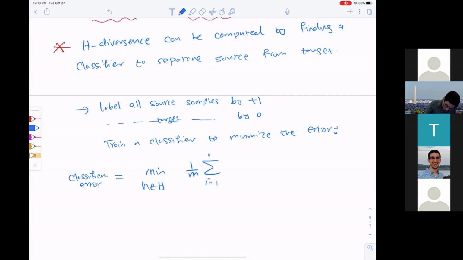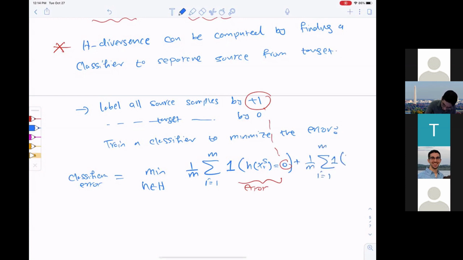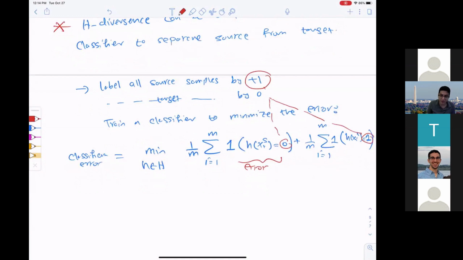For source, I have one unit of error when my function outputs label 0, because I know the sources are labeled 1. For the target, I have one unit of error if my function outputs a 1, because I know the targets are labeled 0. That is the classification error.